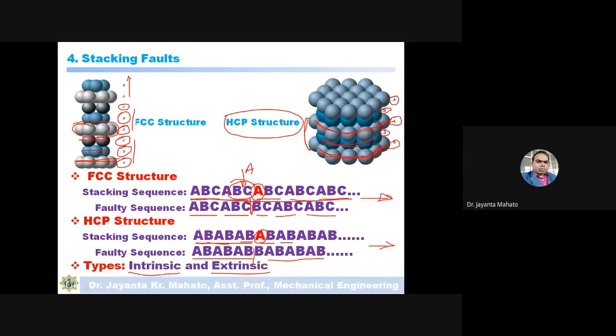If the stacking fault energy is more for any material, then this material will have lower strength, and if the stacking fault energy is low, then this material will have higher strength. Just read from the textbook, or you can search in Google what stacking fault energy is.